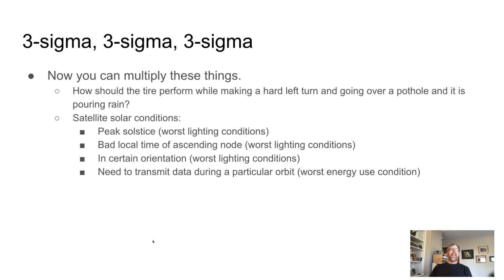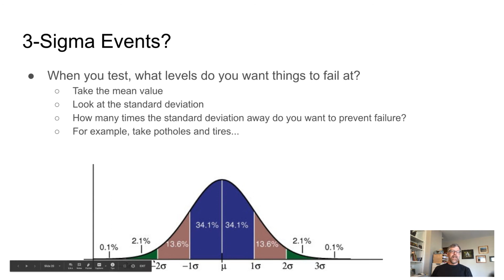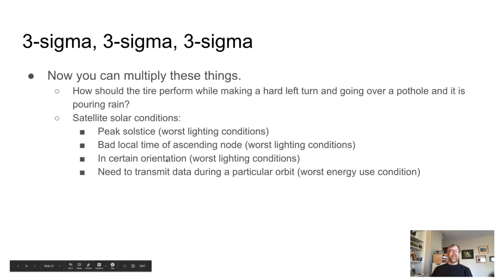Okay, and then if you do design for Michigan potholes, well, did you design for things like making a hard left turn, going over a Michigan pothole, and it is pouring rain outside? And so you can actually multiply these events. So how well does a tire handle super pouring rain?